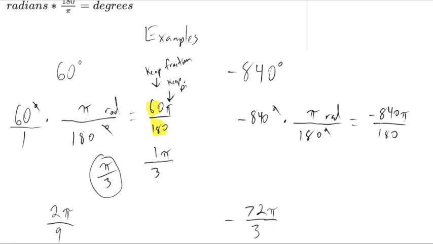So I'm going to start simplifying. I can already cross out those zeros. So 84 over 18, let's see, that's 42 over 9. And then both have 3's in common. So that ends up being negative 14 pi over 3.